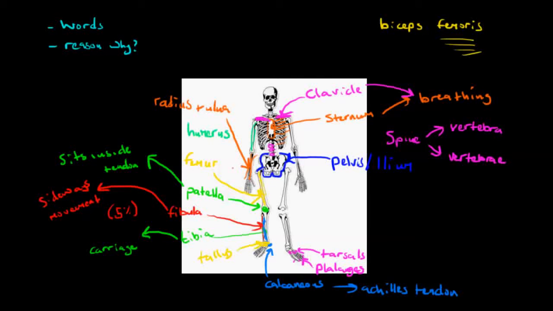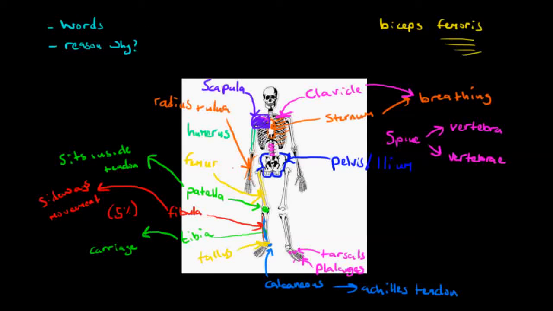Can't really see it on here, but on the back of the body, we have your shoulder blade, and we call this your scapula. And your scapula actually articulates with your humerus to produce your shoulder. So the scapula is your shoulder blade, and also sits along a large proportion of your back.